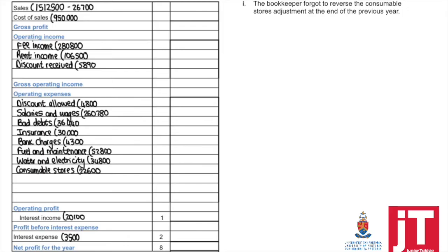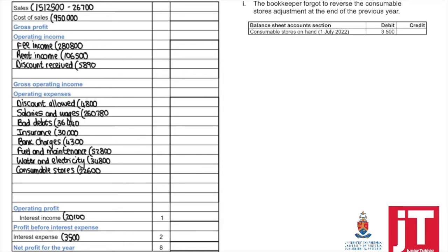Refer to your theory booklet on examples as well with regards to reversal entries. This can be asked as a year-end adjustment. Like in this case, the bookkeeper forgot to reverse, and that's why you would find in your extract from your pre-adjustment trial balance, it says consumable stores on hand on the 1st of July 2022.